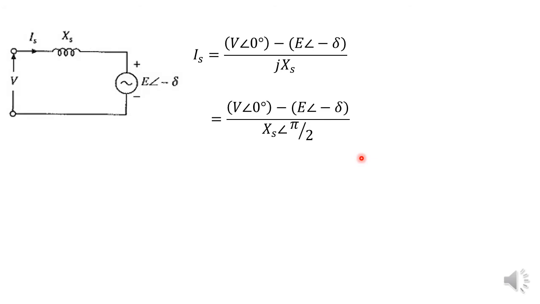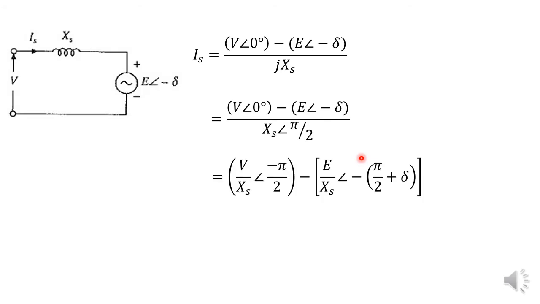Now we can write the expression for Is as V by Xs angle 0 minus pi by 2, that is minus pi by 2, minus E divided by Xs angle minus of pi by 2 plus delta.